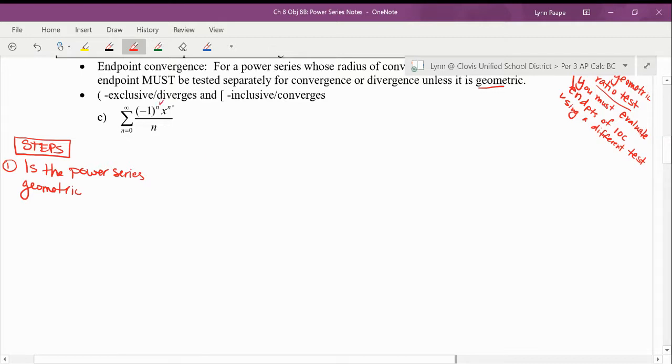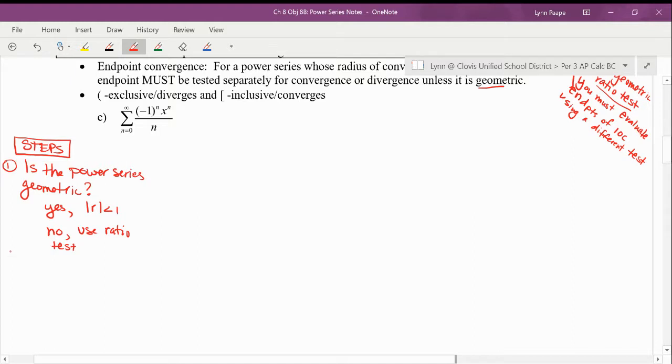Here, n is in the power, still n is in the power, n is not in the power. Because n is not in the power, we cannot do geometric. So, is the power series geometric? If yes, you're just going to set your ratio less than 1 and solve. If no, then you're going to use the ratio test, because it will work a whole lot easier than any of our other tests.